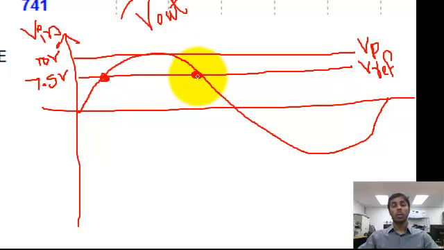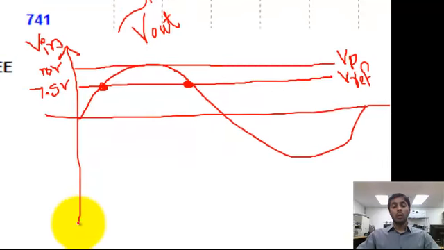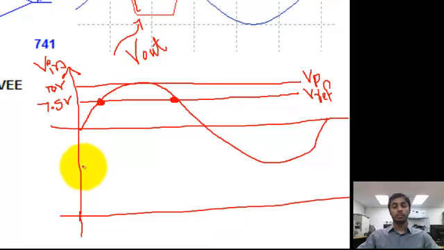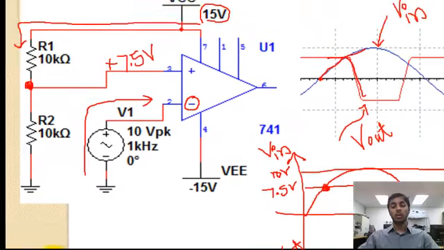Those are the 2 points where the output of the op-amp will switch its polarities. So let's draw the output signal, how it is going to look like. Remember, the input signal is applied to the negative terminal.